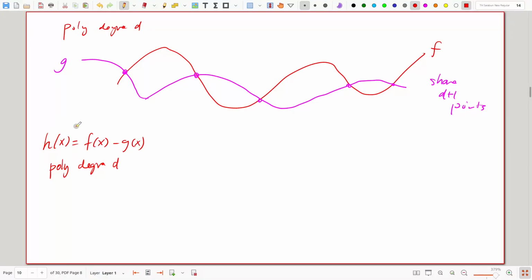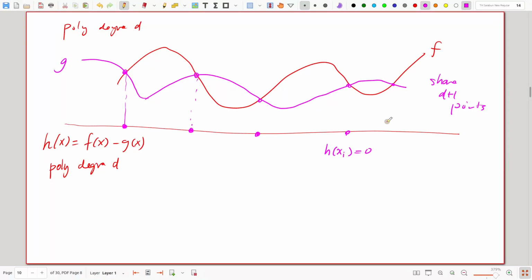If you do the subtraction, h will look like this. On any point where g and f intersect, h will be 0.